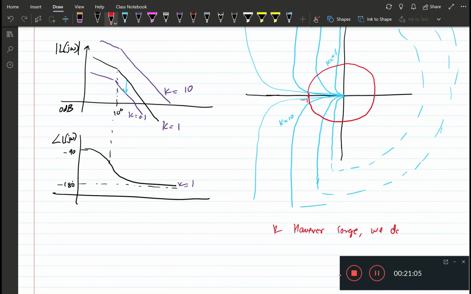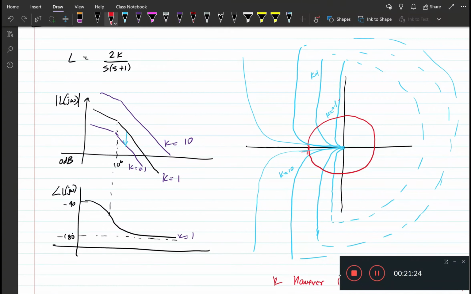we don't lose stability, but what we do lose is the phase margin, because you can see the point where the Nyquist curve intersects this circle. For example, let's look at k equal to 0.1, which was this curve here, this point. So this is the phase margin.